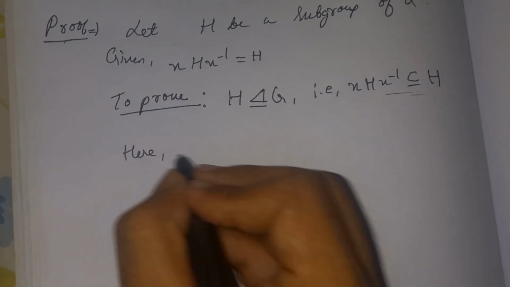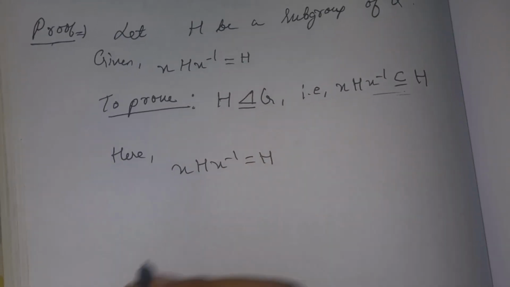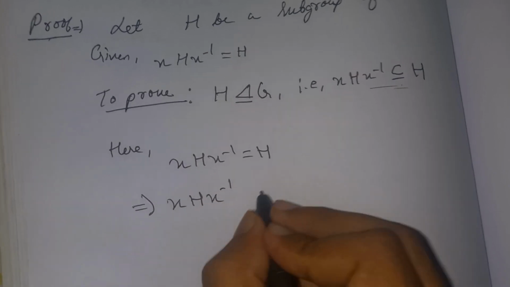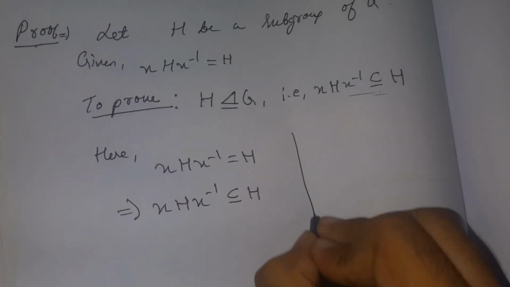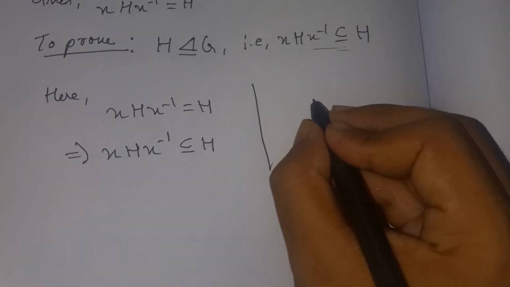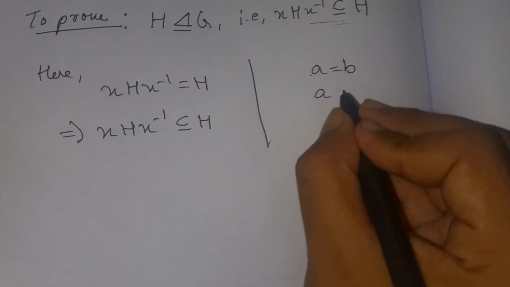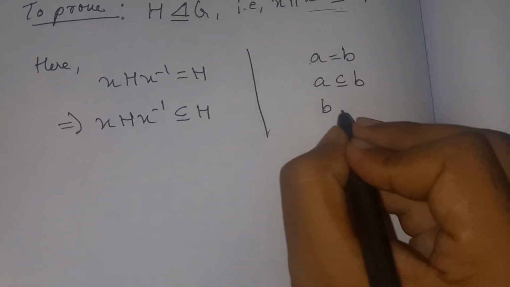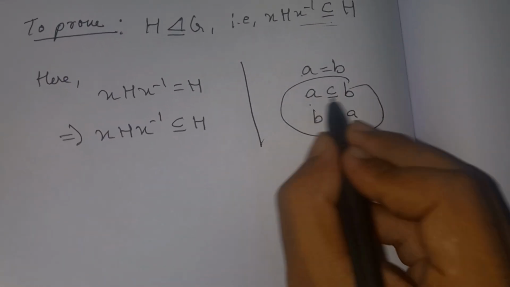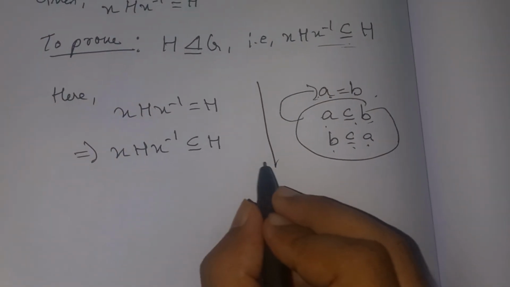Here xHx inverse is equal to H, so we can write it as a subset of H. Since we have learned in earlier classes, if A is equal to B, then we can write A is a subset of B and B is a subset of A. If A is a subset of B and B is a subset of A, then we can write A equal to B. We have used this property here.